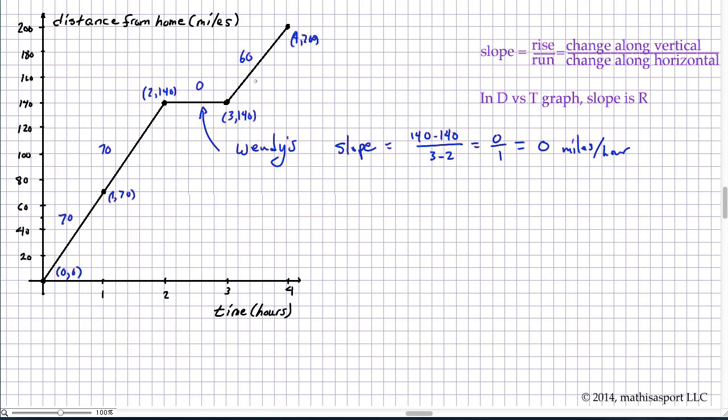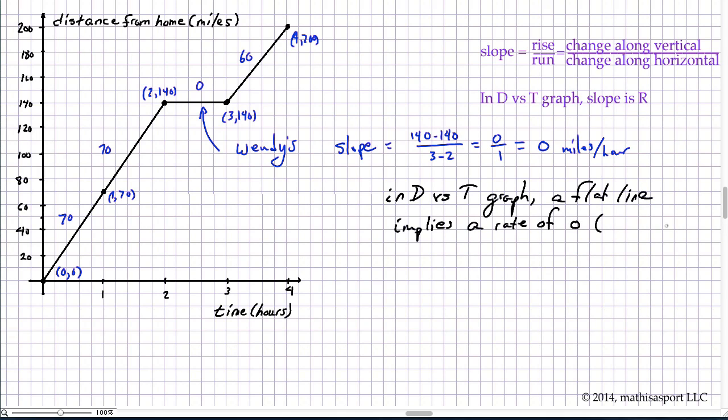Okay, but the key point I want to emphasize here is this stopped situation, and let me just state it explicitly. In a D versus T graph, a flat line implies a rate of 0.